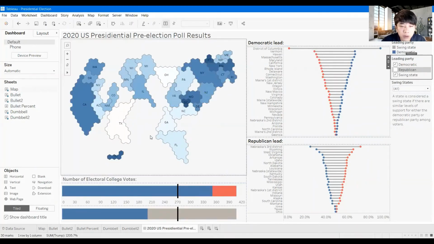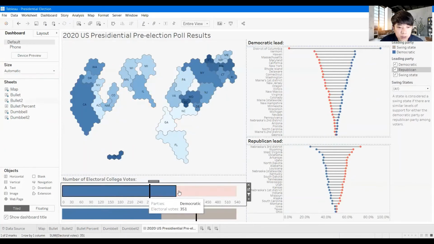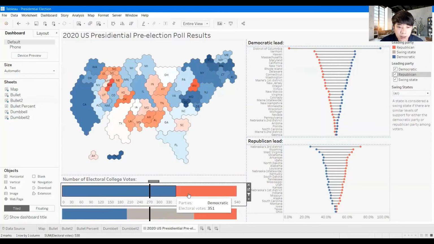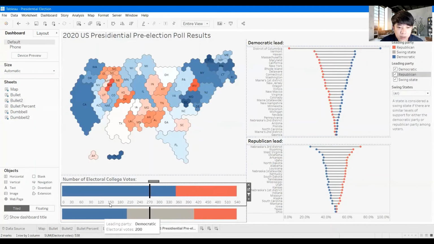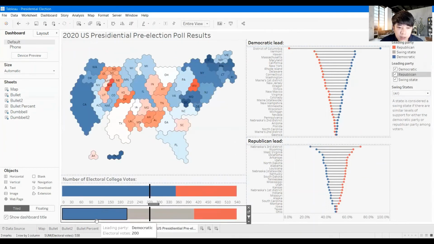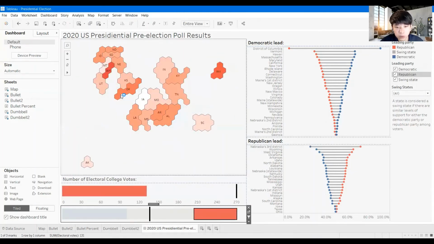So it offers some functionality where we can filter on the bars, to show all the states, including the swing states, which states tend to vote for Democrats, and which tend to vote for Republicans. And we can make a separation of the swing states. We can see only the swing states, only the ones that certainly vote for Democrats, and the ones that certainly vote for the Republicans.